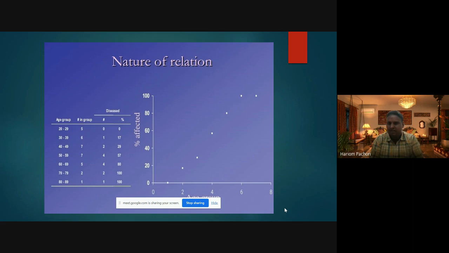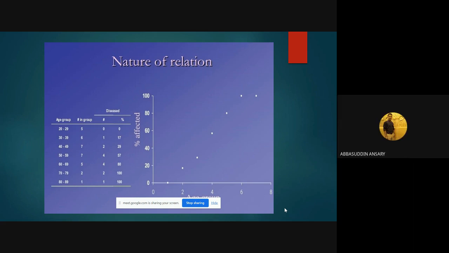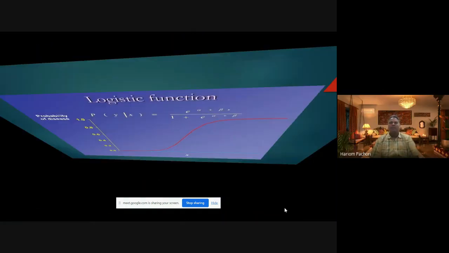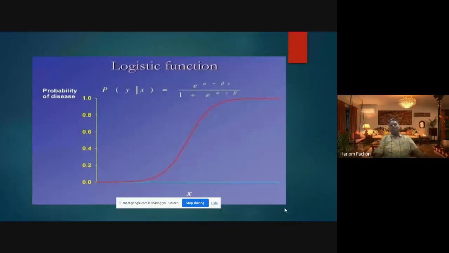Is the slide visible? Can you see it? Yes, sir. Okay. So this is the logistic function, and this is the curve of logistic regression. On the x-axis you have the values, and here you have the probability of disease.